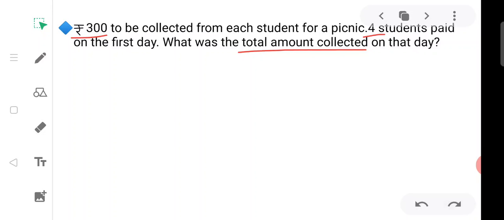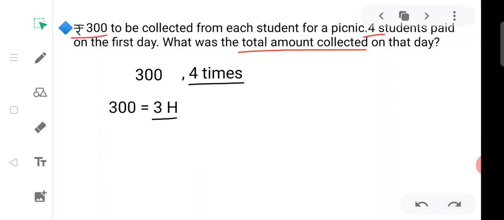So, how can we solve it? To solve this, first we take 300 4 times. And 300 is 3h. So, here we take 4 times 3h, which means 3h multiplied by 4.